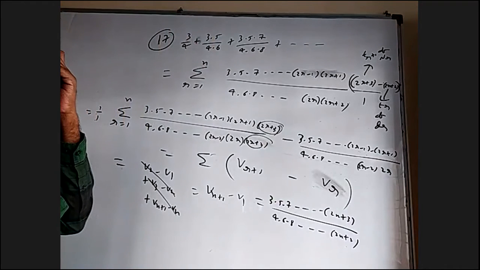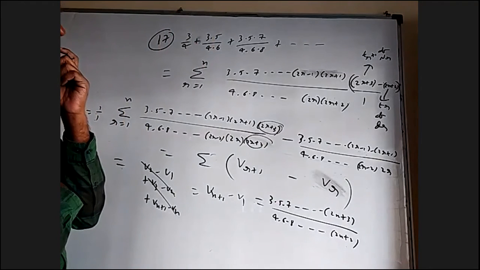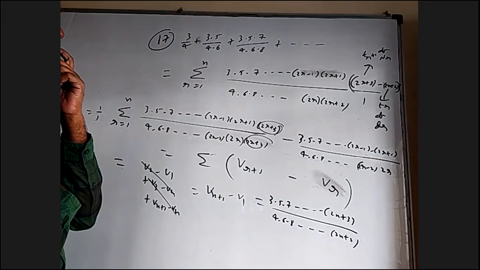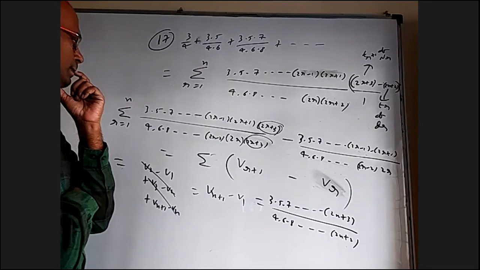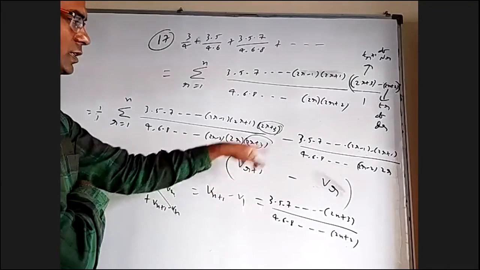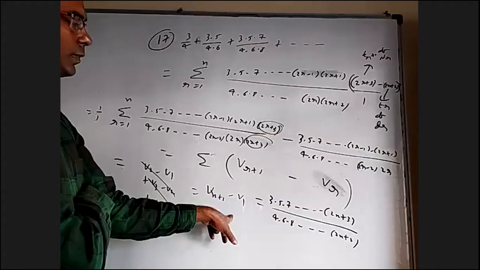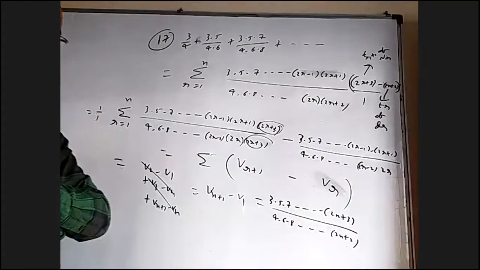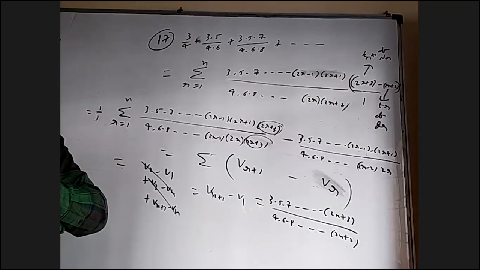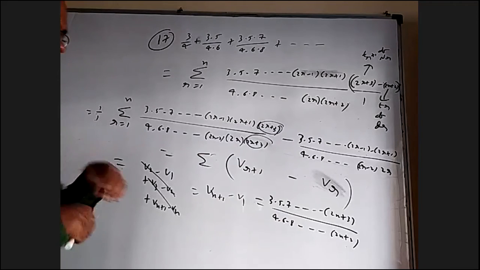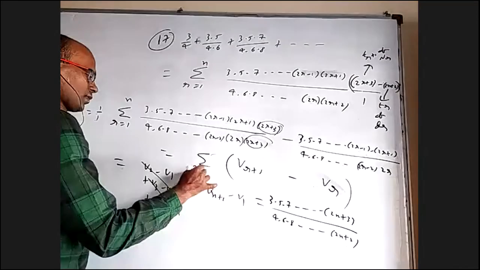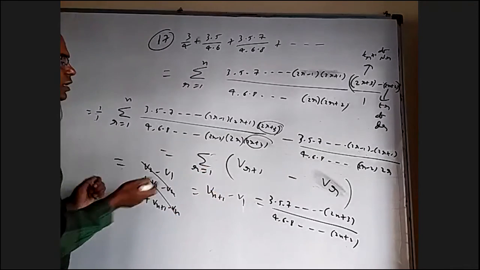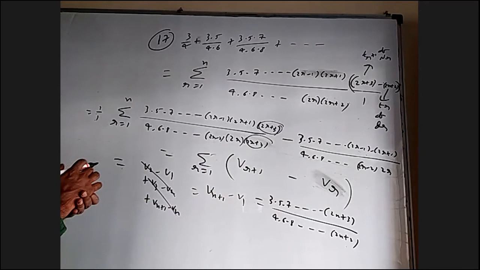One minute. If I take this as vr and this as vr minus 1, I would have got v naught. Sir, we are starting with r equal to 2, sir.